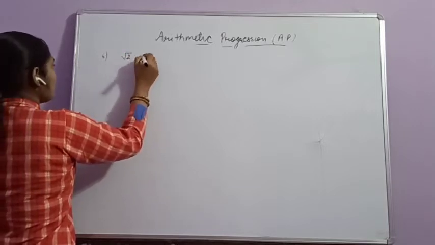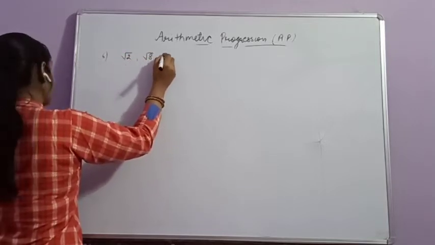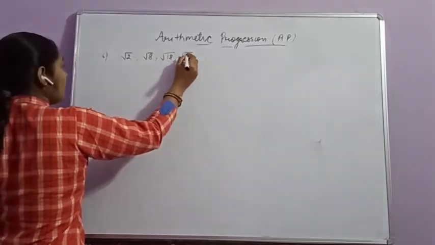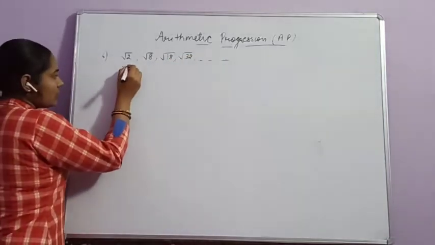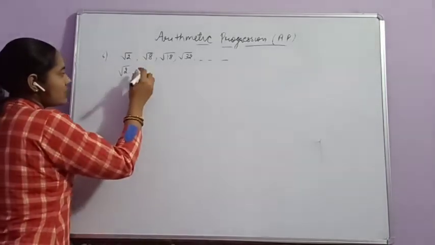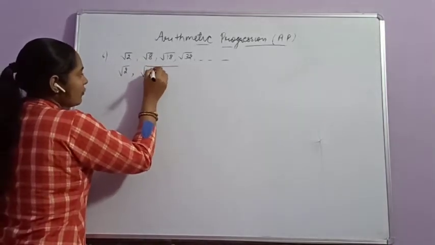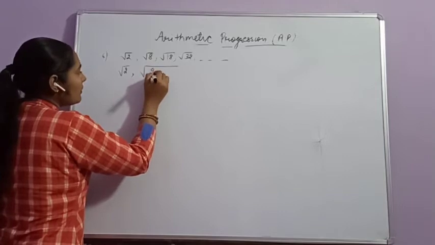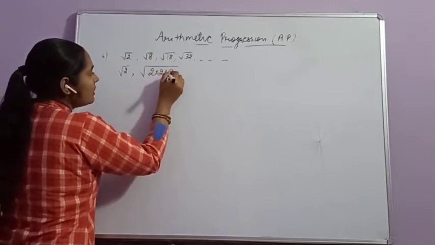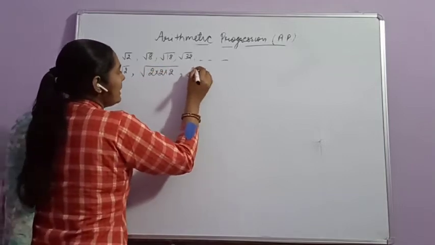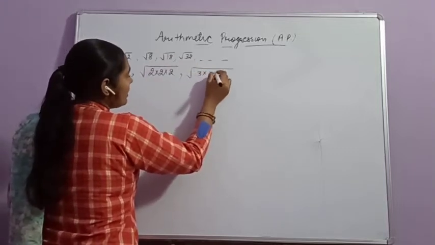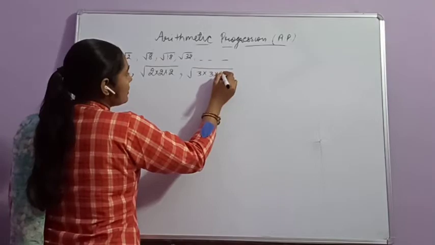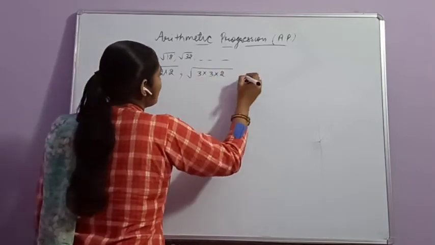Square root 2, square root 8, square root of 18 and square root of 32. We know that square root of 2 is as it is. 8 can be written as 4 multiplied with 2, or 2 multiplied with 2 multiplied with 2. Similarly, 18 can be written as 3 multiplied with 3 multiplied with 2.